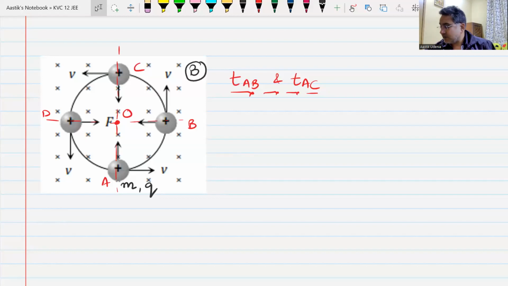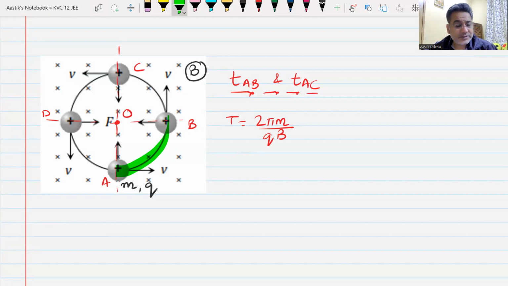The time period of this uniform circular motion is 2 pi m by qB. That is the entire physics in this question. How much time will it take to go from A to B? Is it so difficult? T/4.